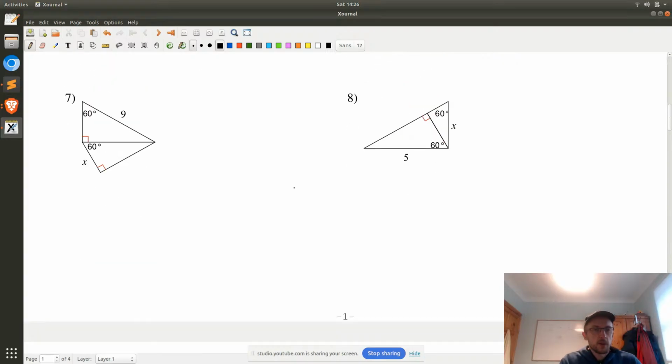Okay, something new. Here we go. This is the 30, 60, 90 right triangle whose sides from smallest to largest are 1, √3 and 2. But in this case, the hypotenuse is 9.